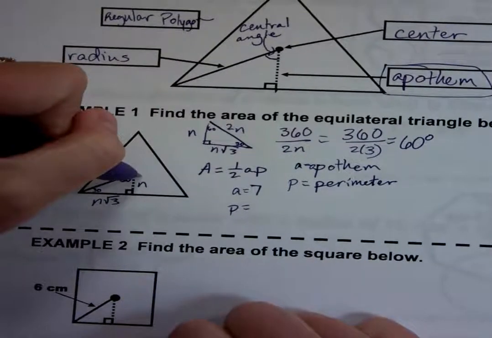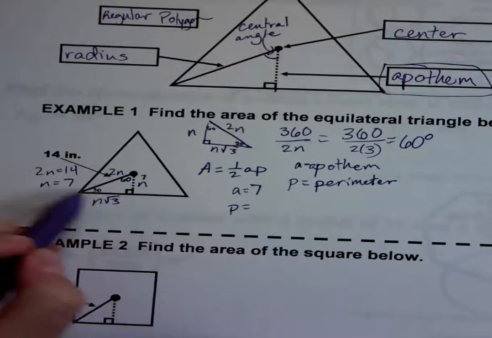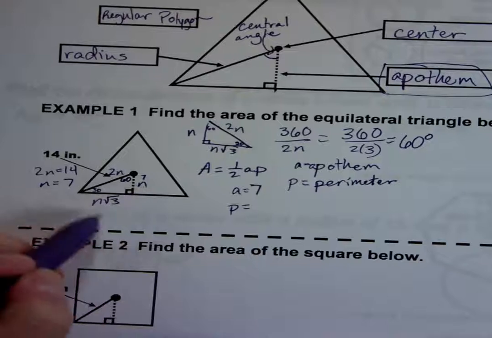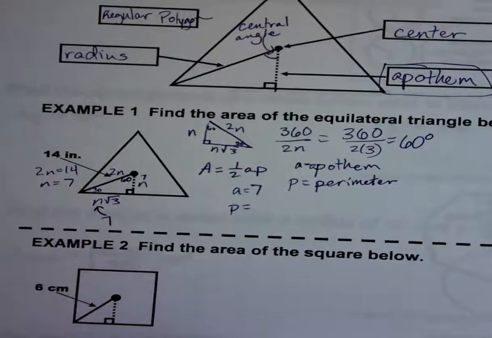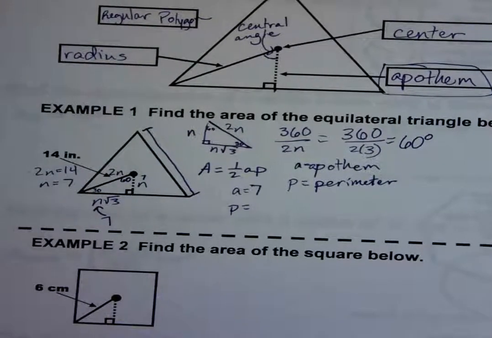If n is 7, so this side is 7, and the long leg is n root 3, you just need to plug 7 in right there. So our long leg is 7 root 3. But we care about the length of the entire side.